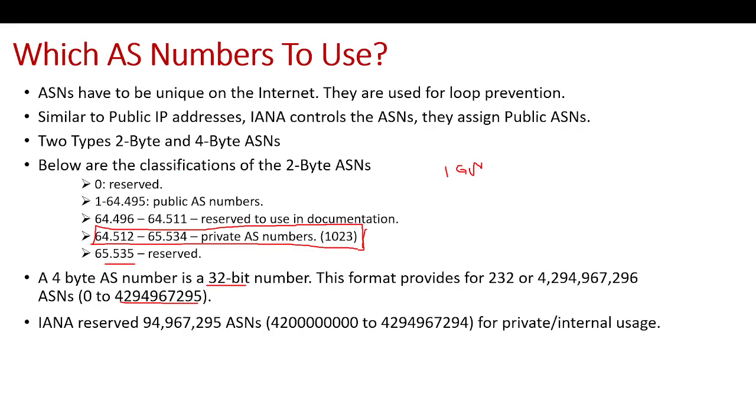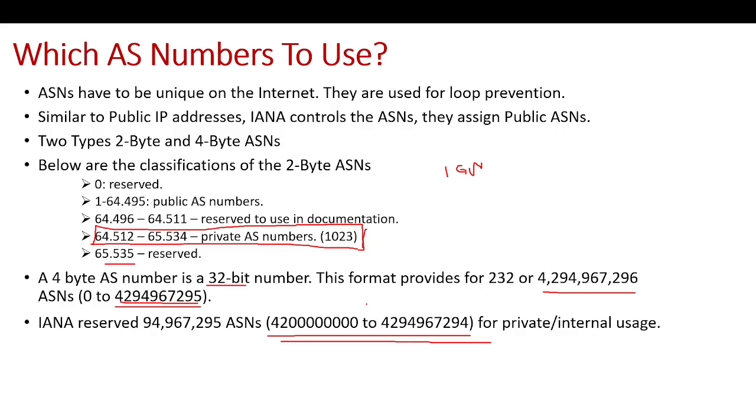Of course, you can read further about the 4-byte autonomous system numbers, but we have this range that is reserved for private or internal usage. So you have a total of this many, and then you have this one reserved for your internal use as a service provider.